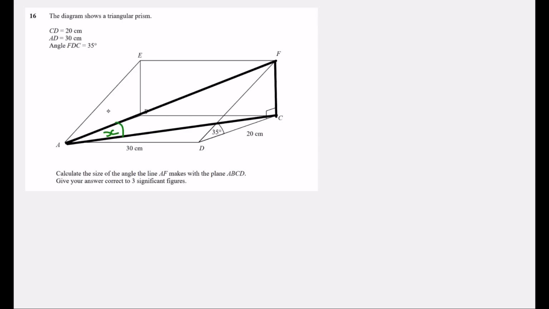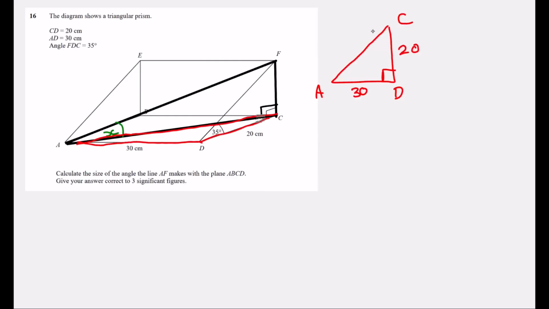So we are looking for this angle here. And we're going to use this right angle triangle that I've just drawn in order to work it out. So we can use the right angle triangle ADC first. We know A to D is 30, D to C is 20.